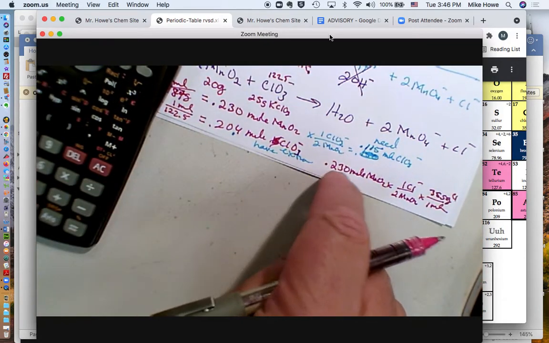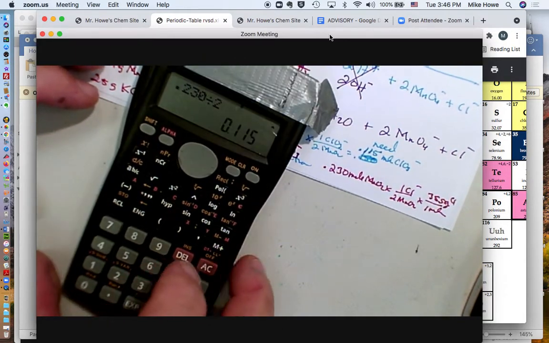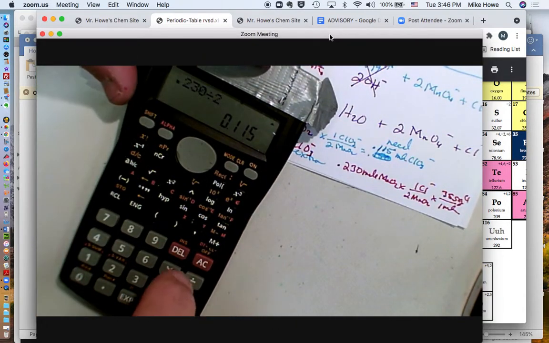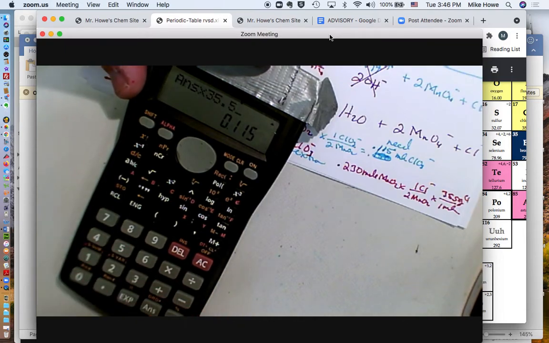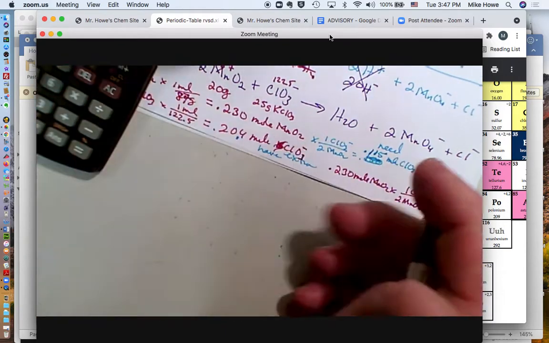So 0.230 divided by 2 we know is 0.115, that's left over from a minute ago. Then we multiply by 35.5, and our final answer would be 4.08 grams of Cl minus.